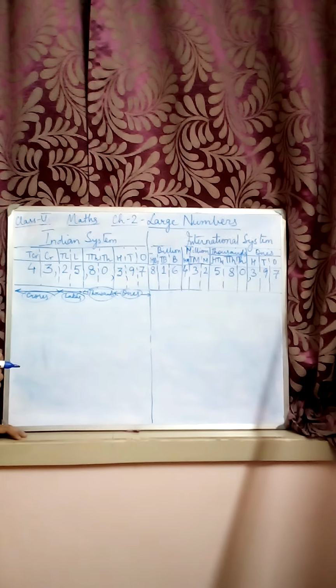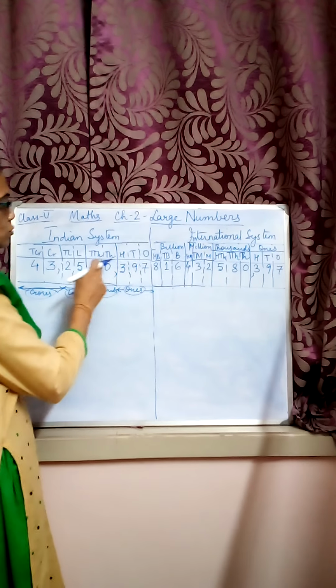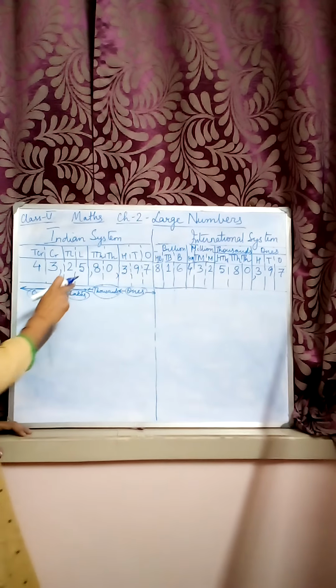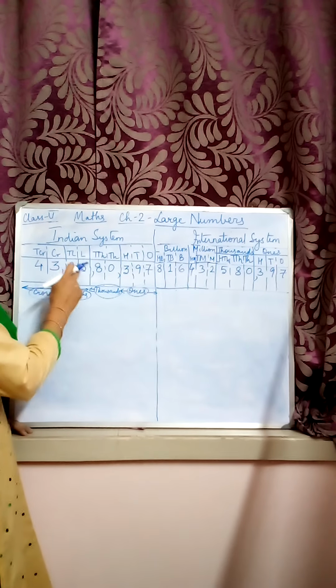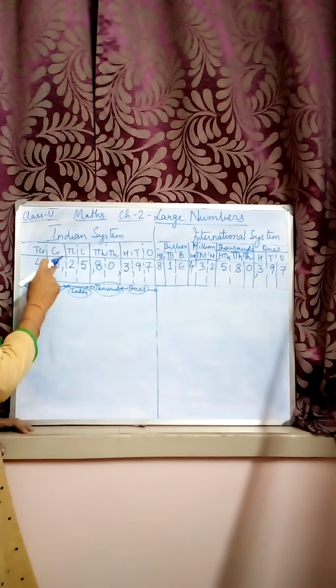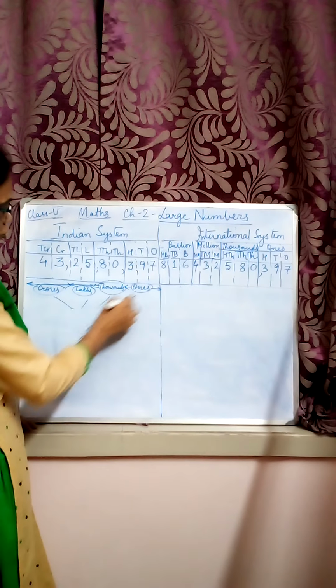The thousands period has 2 different places, thousands and 10,000. The lakhs period consists of 2 places, lakhs and 10 lakhs. The crores period consists of 2 different places, crores and 10 crores. So all these contribute to periods.